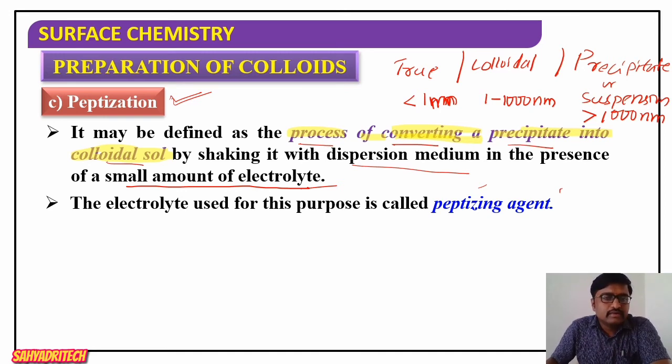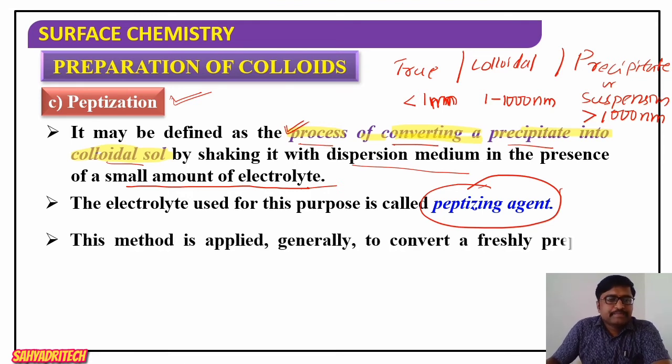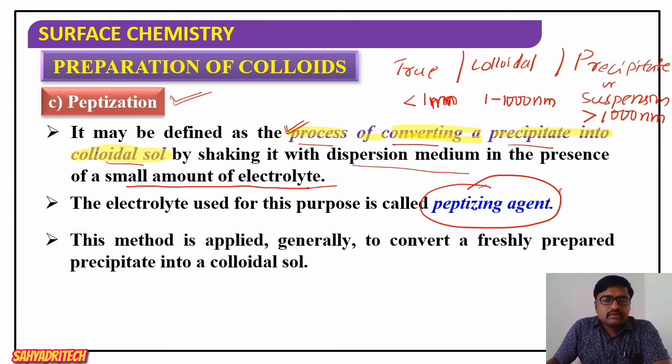So, what is peptidization? It is the process of converting a precipitate into a colloidal sol by shaking it with a dispersion medium in the presence of a small amount of an electrolyte. The electrolyte added during peptidization is called a peptizing agent.